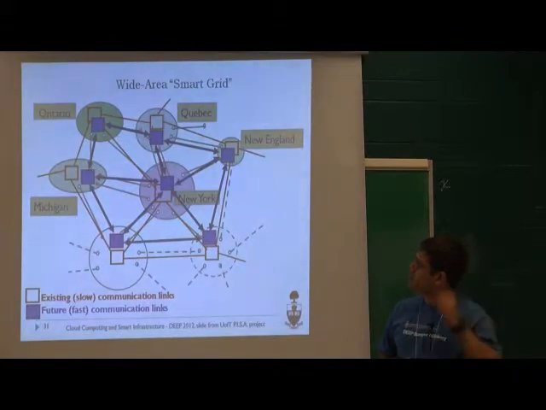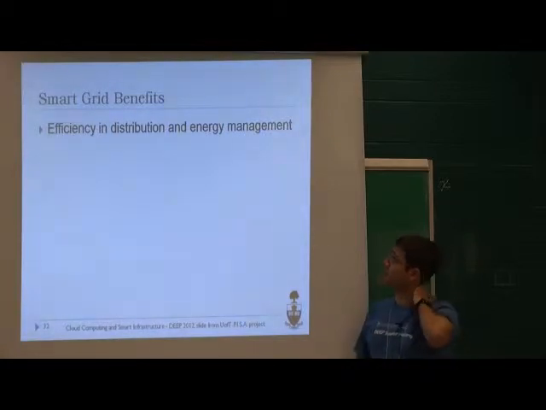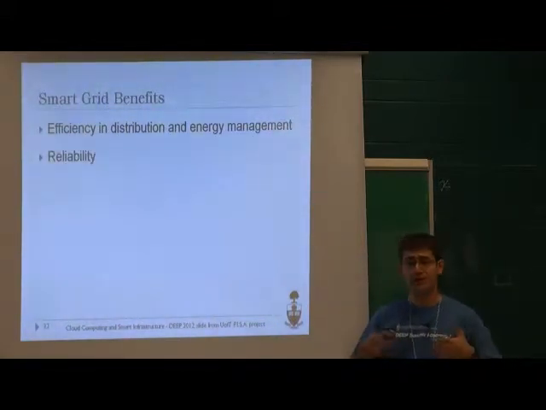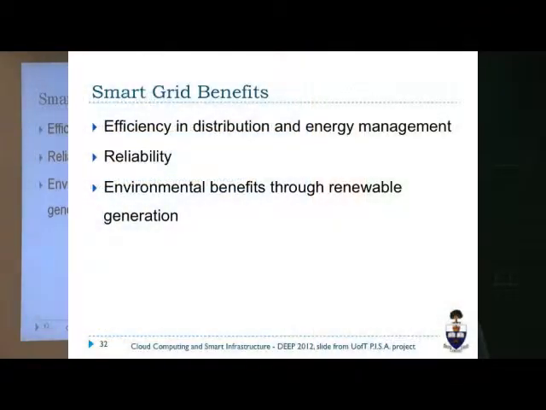So let me see. Okay, so to sum up, the benefits of smart grids include the efficiency in the distribution and the energy management. You're increasing the reliability on your system. If you need more energy, you can get it somewhere else, which is nearby, because of the communication and bidirectional power systems.